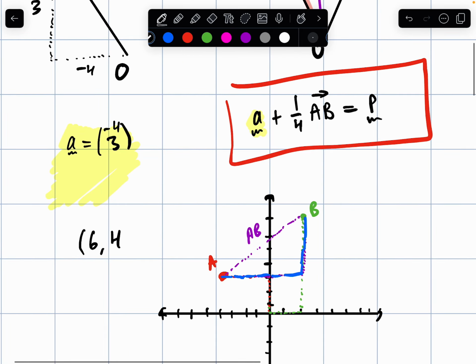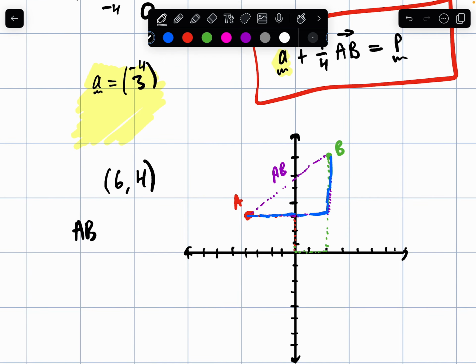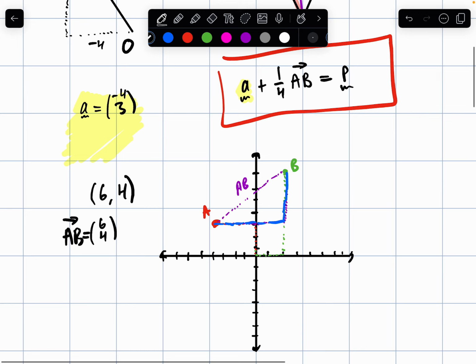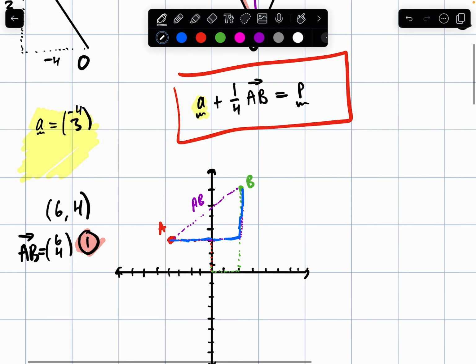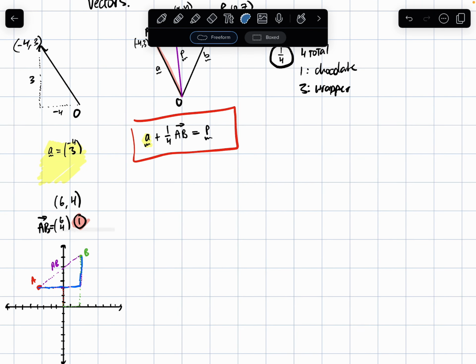So to get from A to B, we're getting 6 sideways and 4 up, and therefore vector AB is 6, 4, because you write the X on the top and the Y on the bottom. So now that we've established that, we'll label it 1, and we'll come back to our other working out.